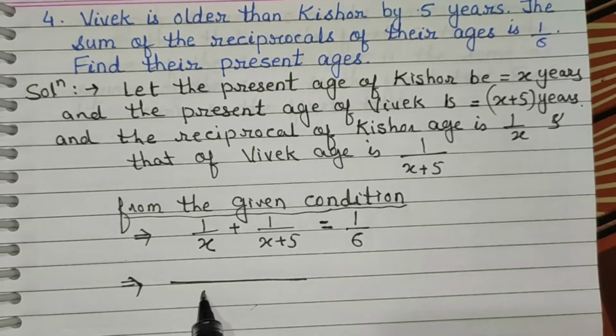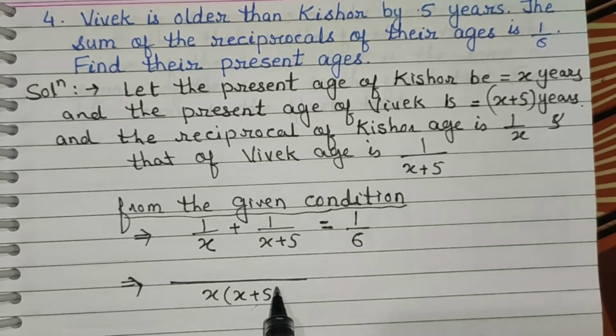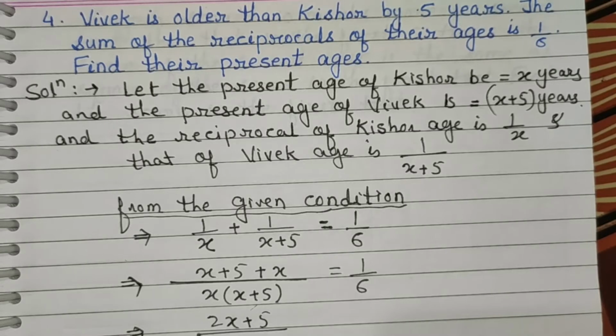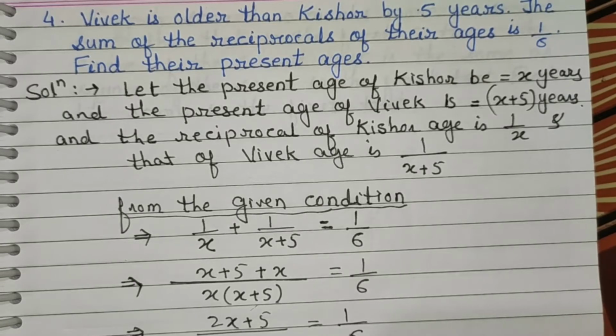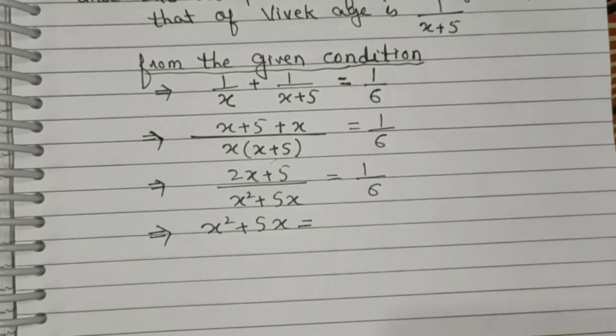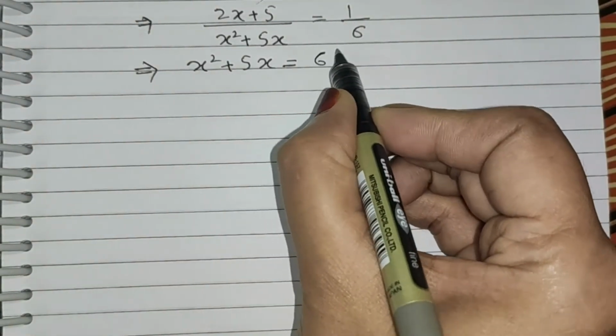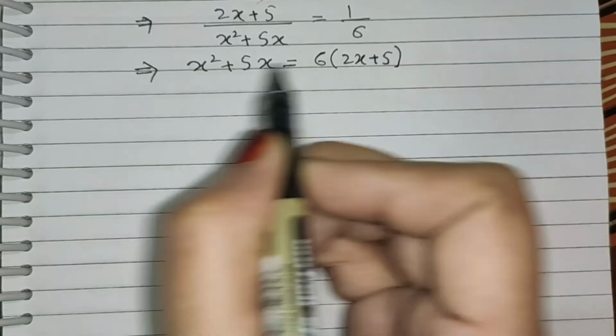Now, take the LCM here. x into x plus 5. Cross multiply. x plus 5 plus x upon x(x plus 5) is equal to 1/6. Now x plus x, we get here 2x plus 5 upon, open the bracket, x square plus 5x is equal to 1/6. Now cross multiply here, we get x square plus 5x is equal to 6 into 2x plus 5.